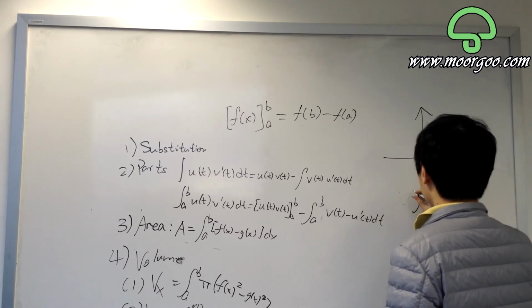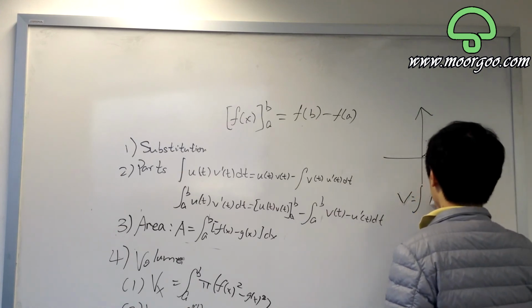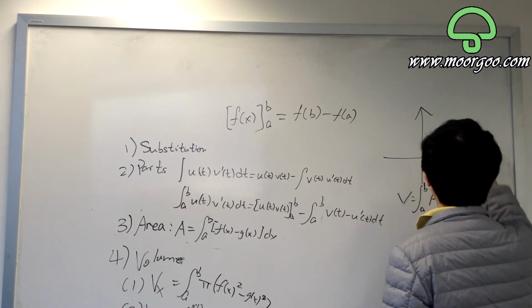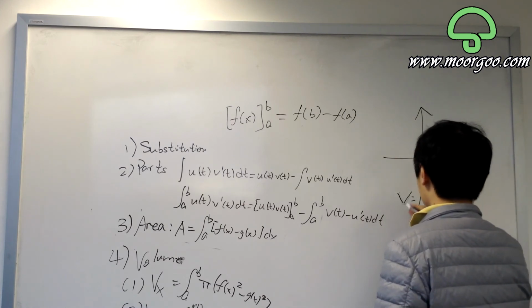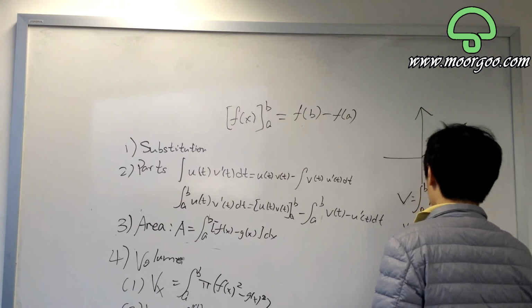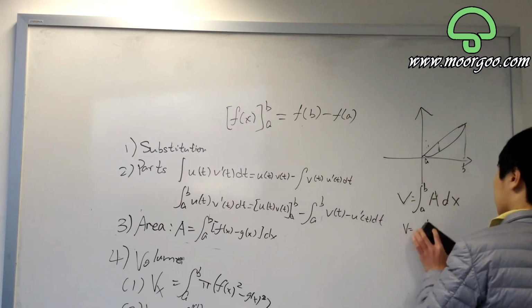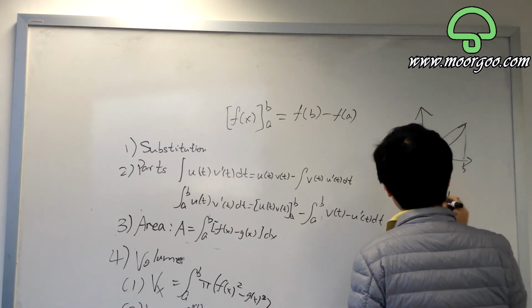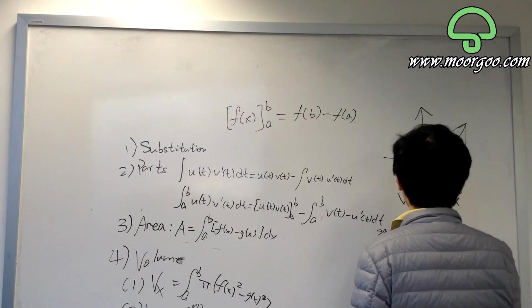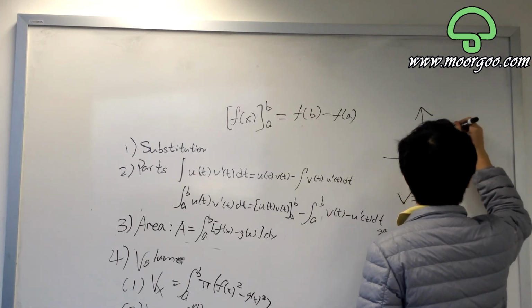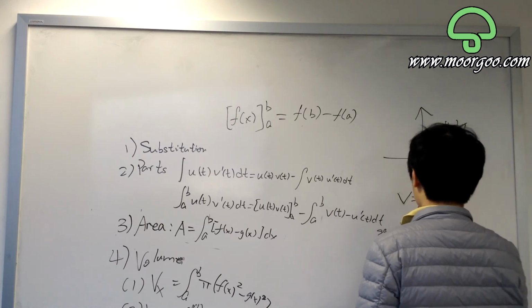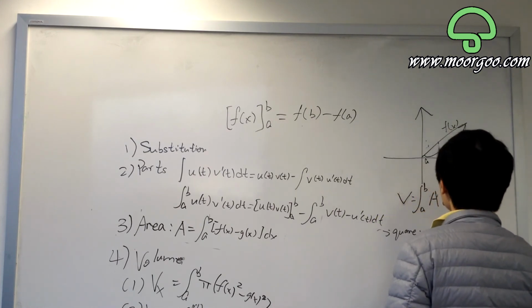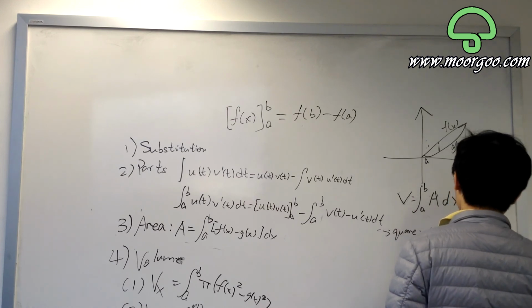Just use this formula, and A will depend on the shape, because if the cross section is a square, A will equal f of x minus g of x, squared.